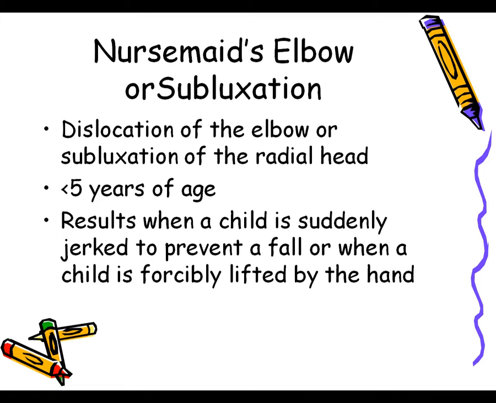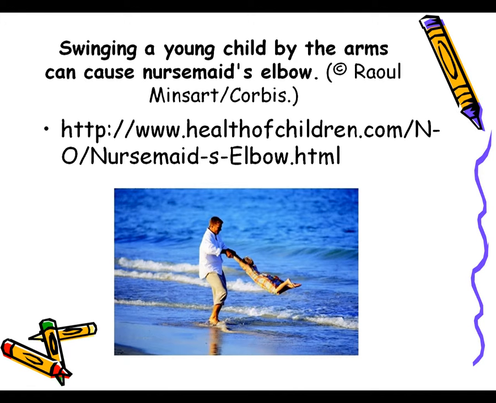For nursemaid's elbow or subluxation, it's a dislocation or partial dislocation, and this usually happens in children less than 5 years of age, when a child is suddenly jerked to prevent a fall, or forcibly lifted by the hand. I'll show you a picture, and you can see how the swinging could dislocate a joint.